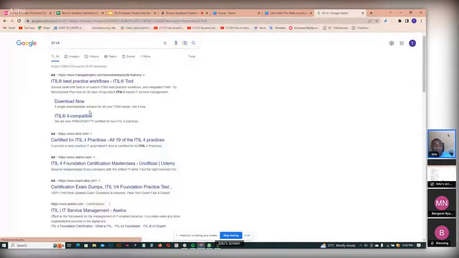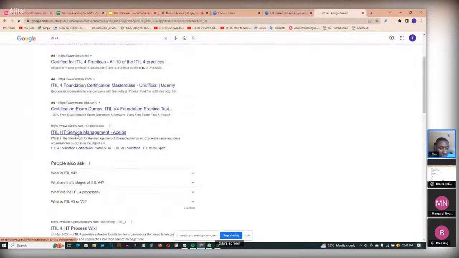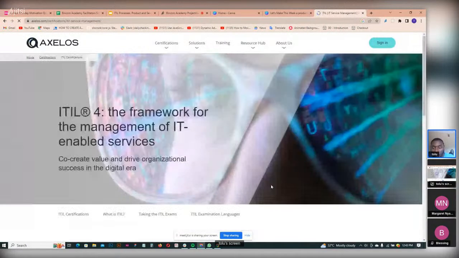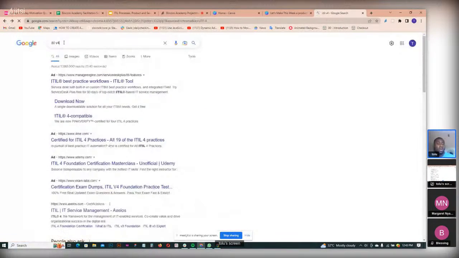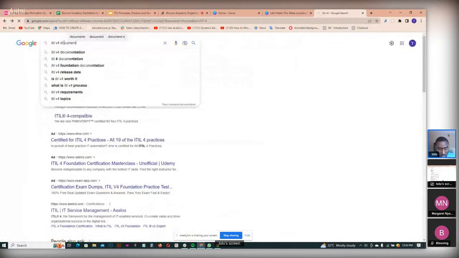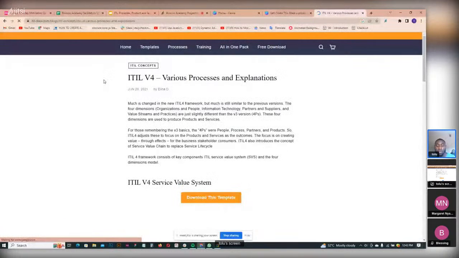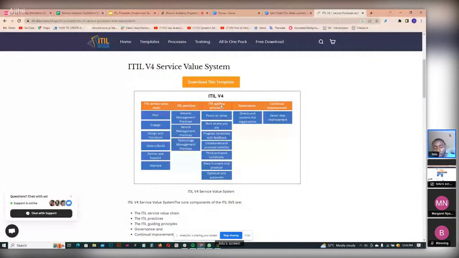So it's just a framework. So this is the ITIL version 4, where we have the service value chain, practices, guiding principles, governance, and continual improvement.